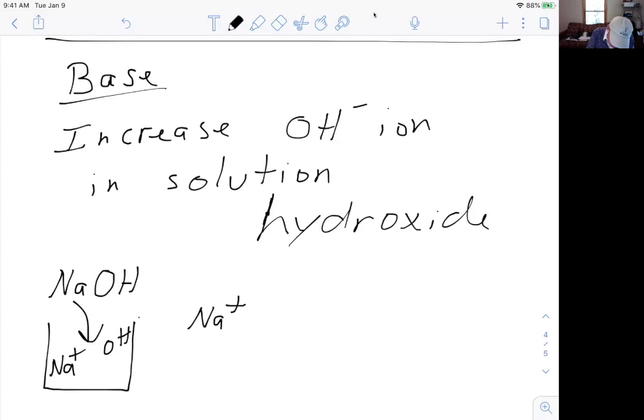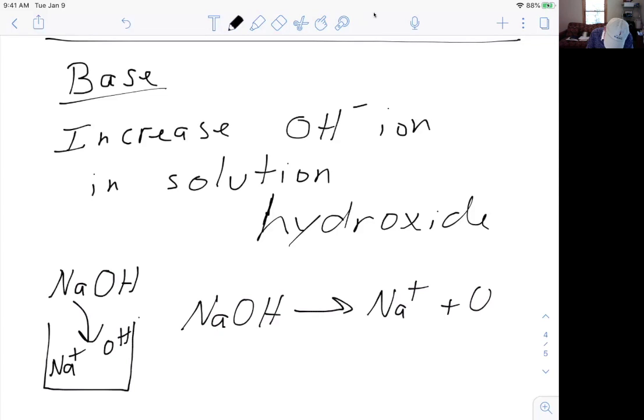Here, let me back up. The NaOH breaks apart when you put it into water as Na plus and OH negative. Now, you will see when people write both the acid and the base equation, they will put AQ for aqueous.